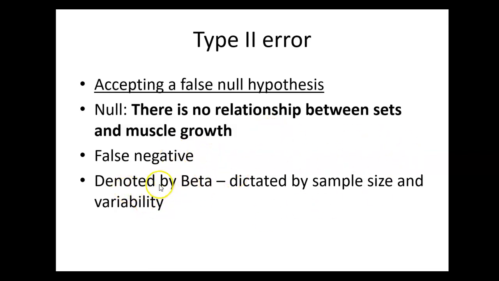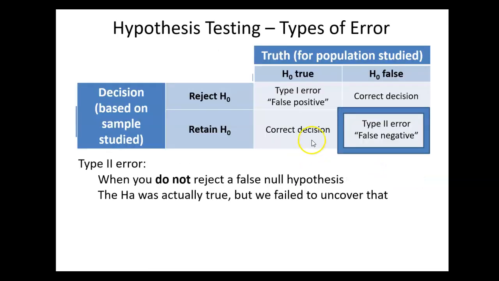Now, this is denoted by beta, which you don't necessarily need to know right now, but that's completely dictated by the sample size and the variability within the sample size. So if there actually was a difference and we accepted the null hypothesis, we have a false negative.